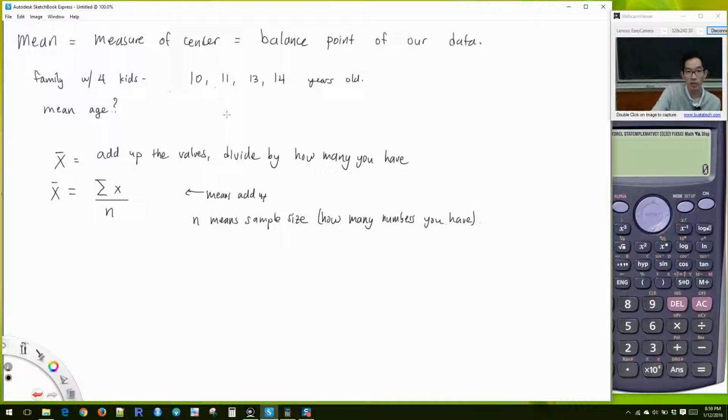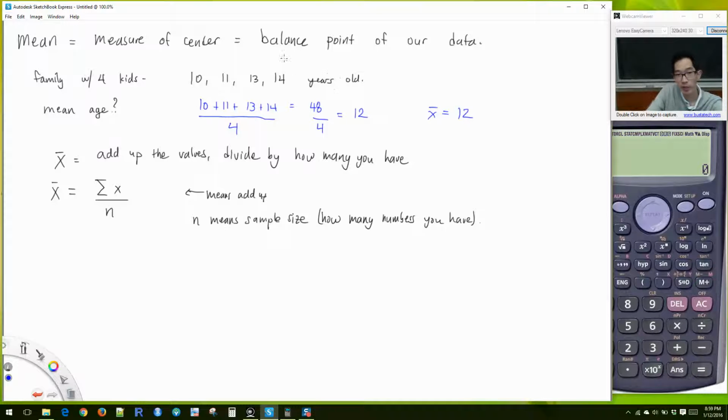So in our example family, we do 10 plus 11 plus 13 plus 14, which gives 48. Then 48 divided by 4 gives 12. So x bar, our average age, is 12.